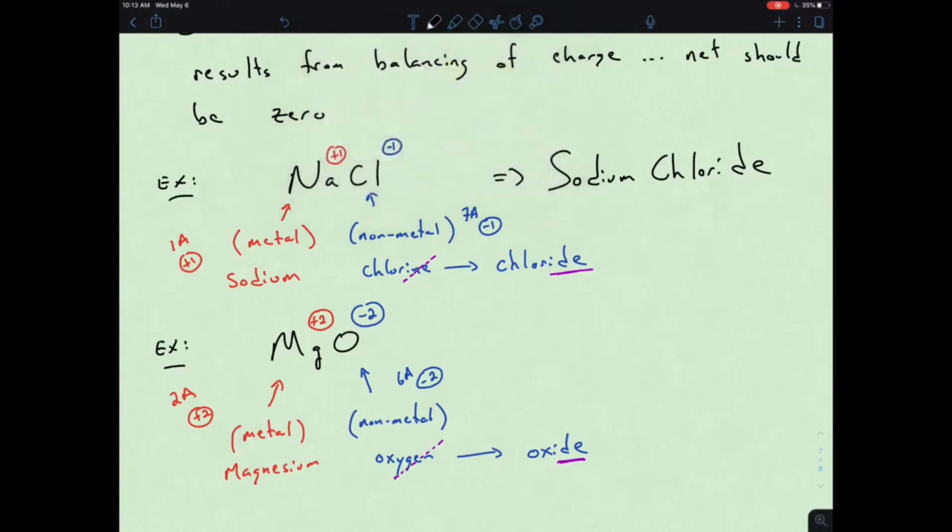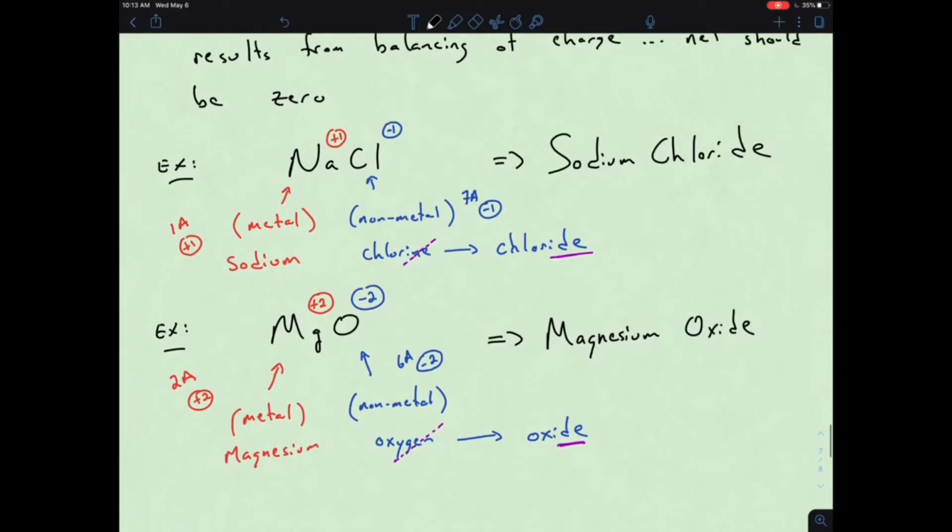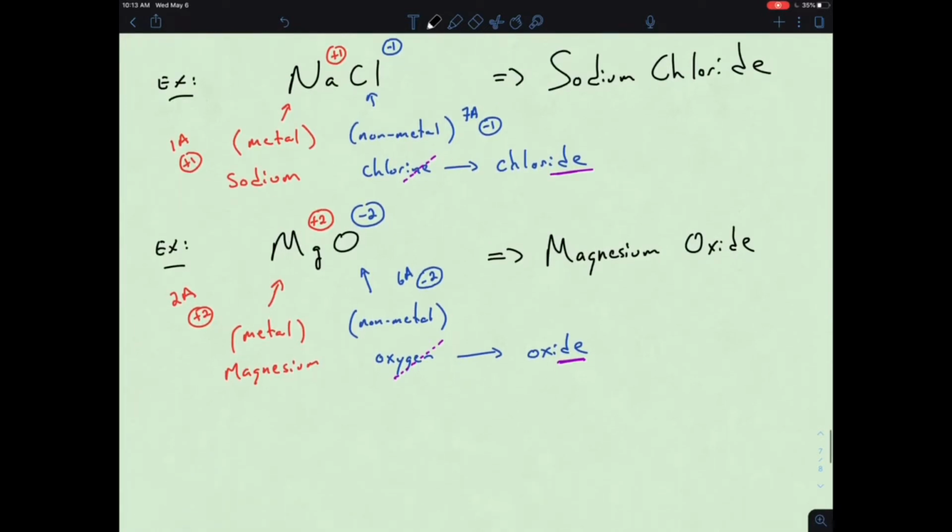And so we would have a name of magnesium oxide. So simple binary compounds there. Again, that balancing of charge. Let's go the other direction.